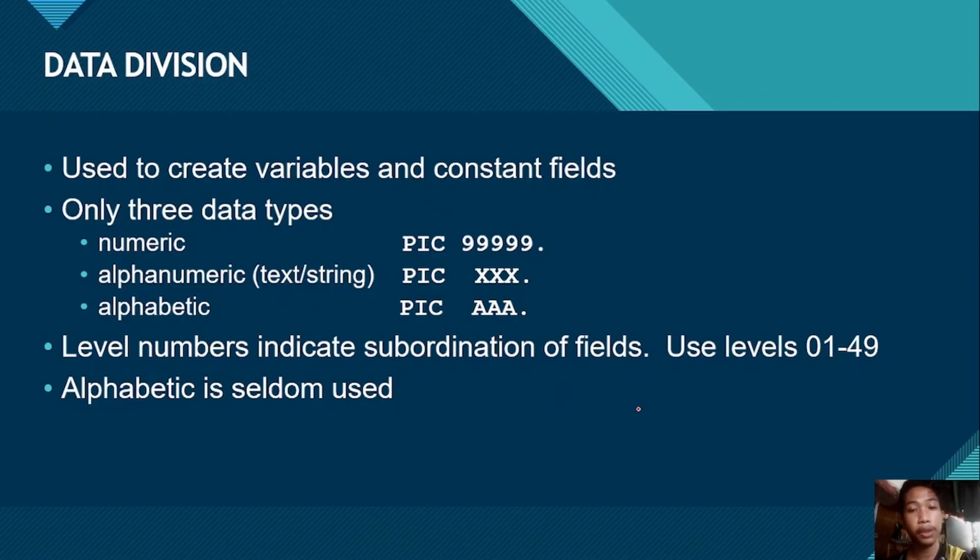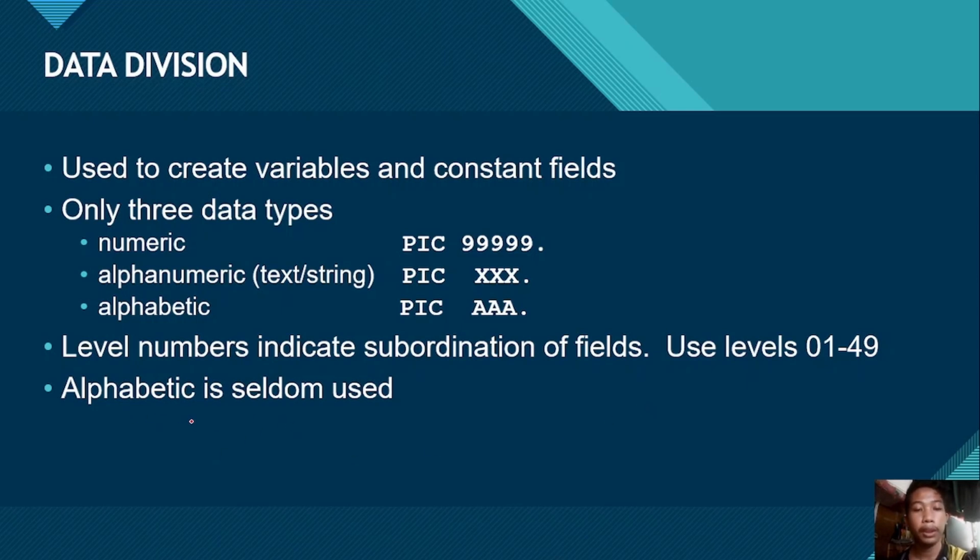So in the data division, just like here, we create variables and constant fields. There are only three data types: the numeric, the alphanumeric or text or string, and the alphabetic. The level numbers indicate subordination of fields. Use levels 01 to 49. The alphabetic is seldom used.